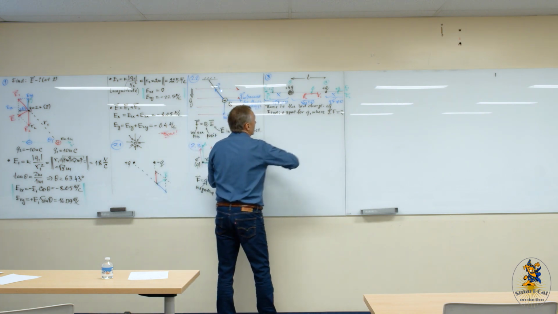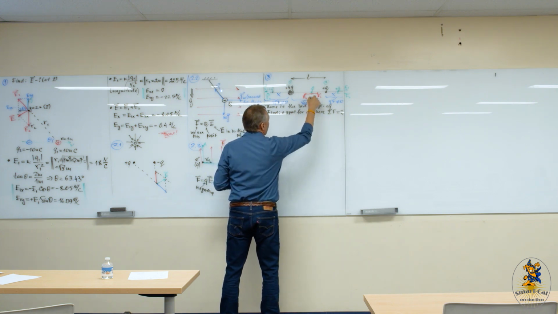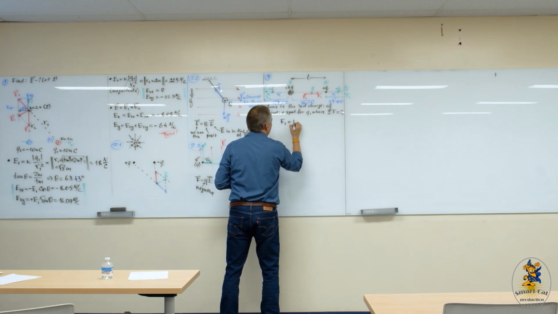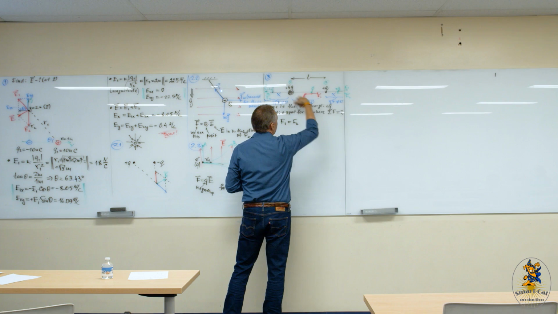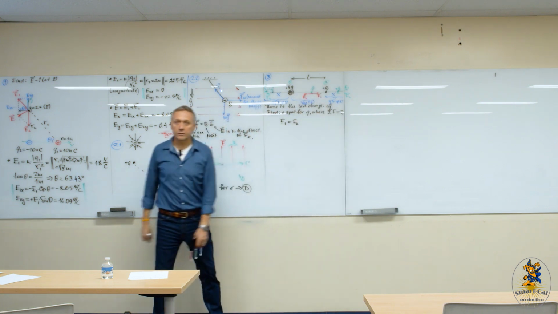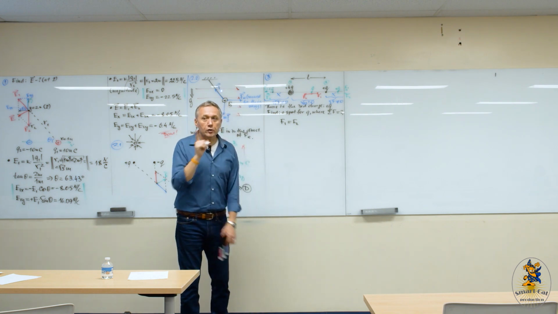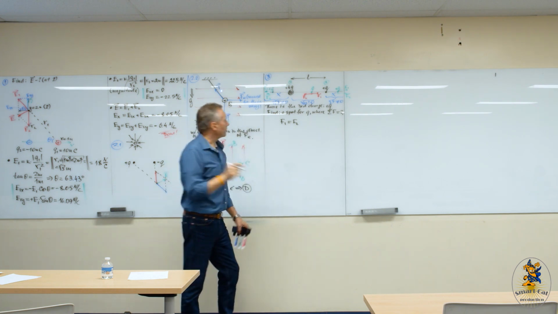It means that F1 must be equal to F2, and again, it's in this region. Let's first introduce the unknown parameter.